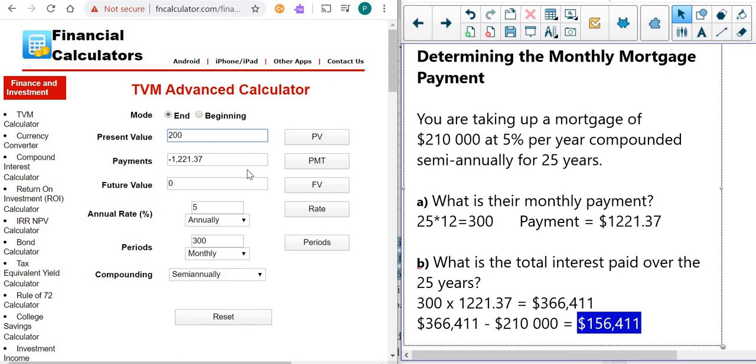So it does make a difference over the course of 25 years. So let's take a look. So what happens if we have $200,000 borrowed instead of $210,000? So a $10,000 difference. So let's calculate our payments. So now it's a little bit less. And let's do this calculation as well.